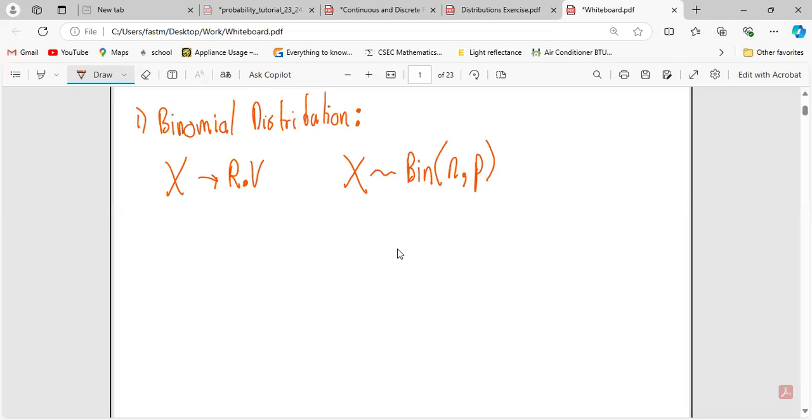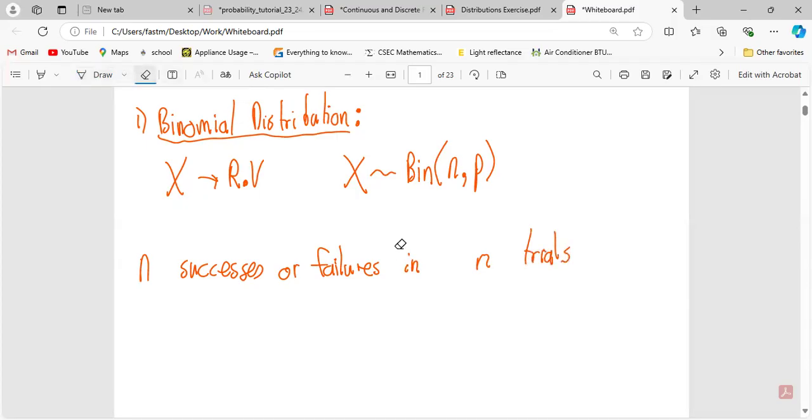So to know when to use the binomial distribution, it is x successes, or it could be failures, because it's determined by what you deem the random variable. What separates it is x successes or failures in n trials.